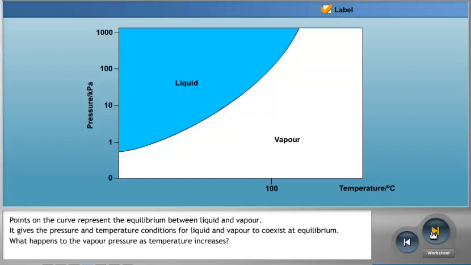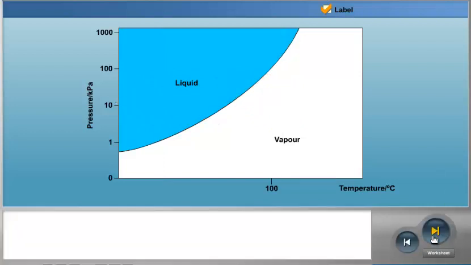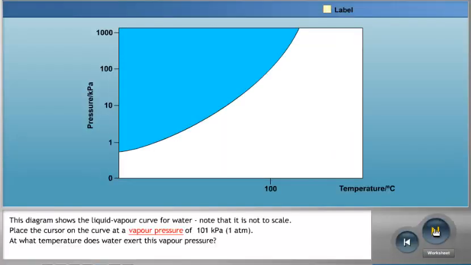What happens to the vapor pressure as temperature increases? Answer: vapor pressure increases. This diagram shows the liquid vapor curve for water.